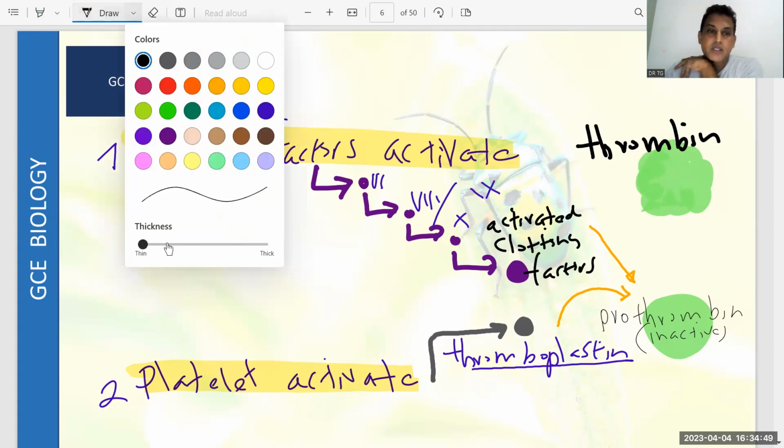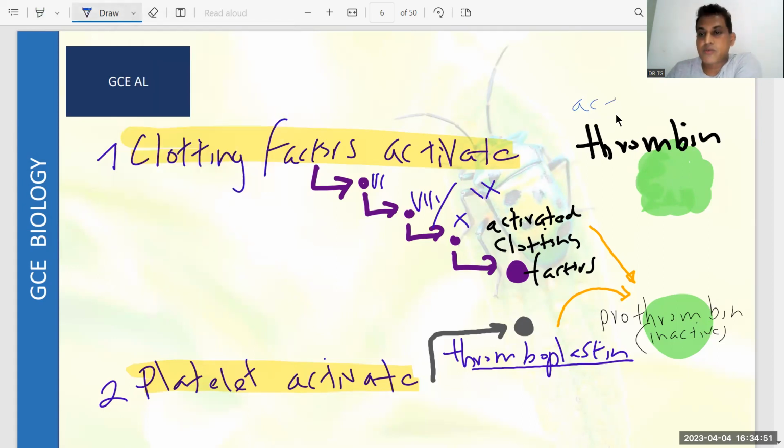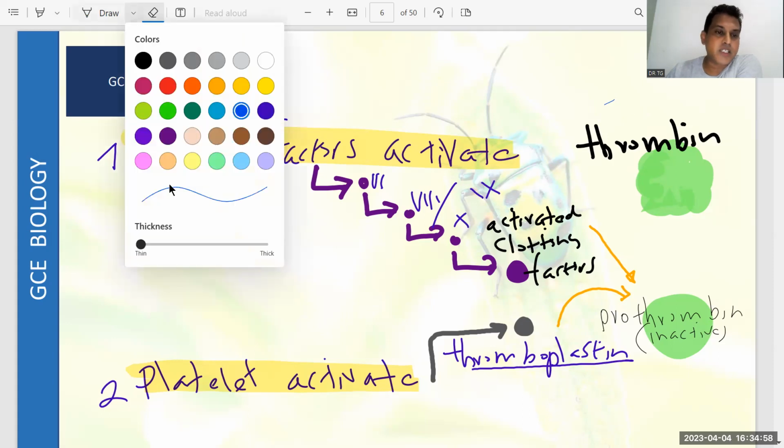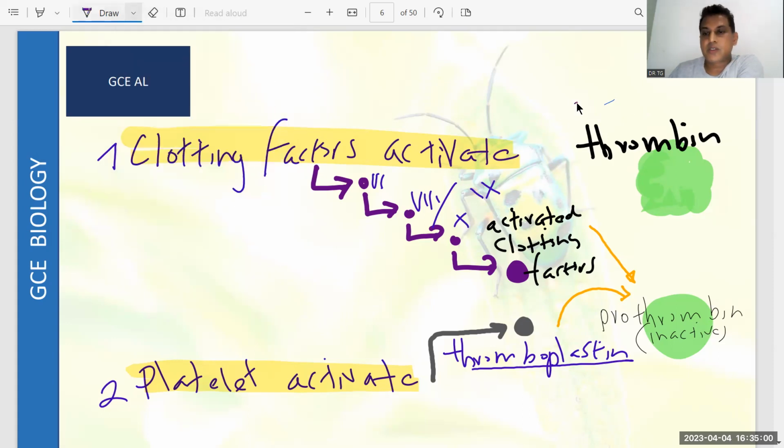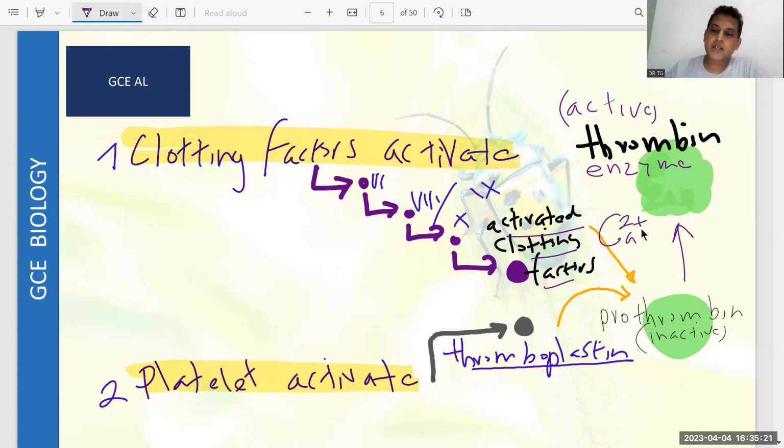So thrombin is active. Thrombin is in its active form, and thrombin can act as an enzyme. So this conversion, prothrombin to thrombin, is done by activated clotting factors and platelets. This also requires calcium ions.